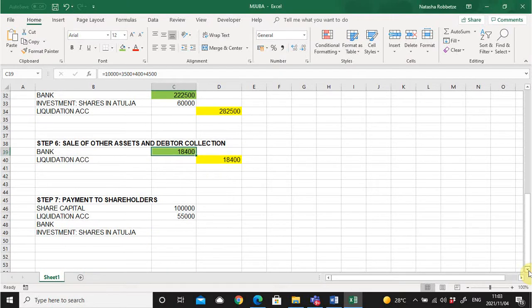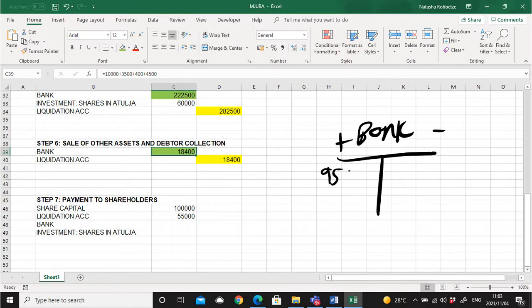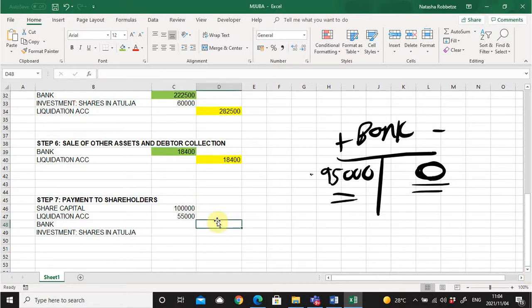So in the bank account you have 95,000, but the purpose of this is to close off your bank account. In other words, we're going to have to make a credit entry for this to be 0. So under the bank account, 95,000 to be taken out.